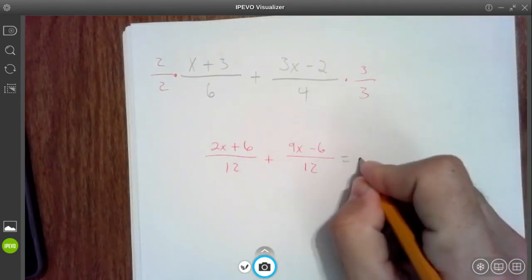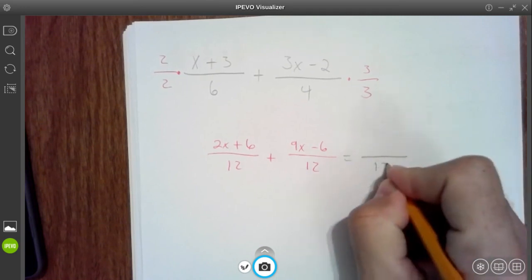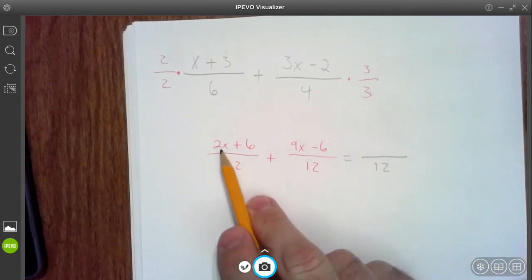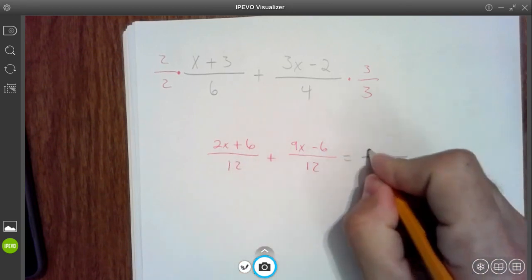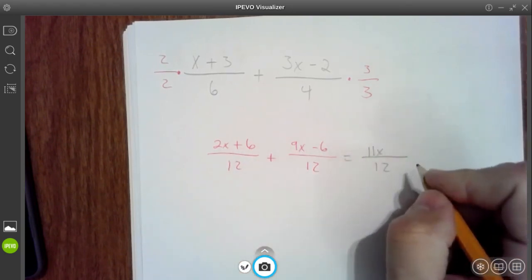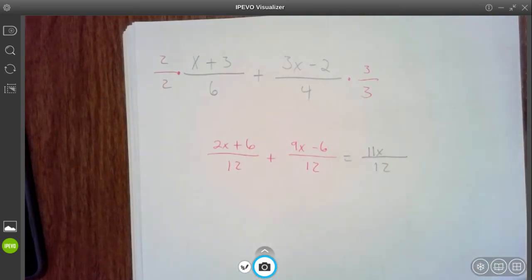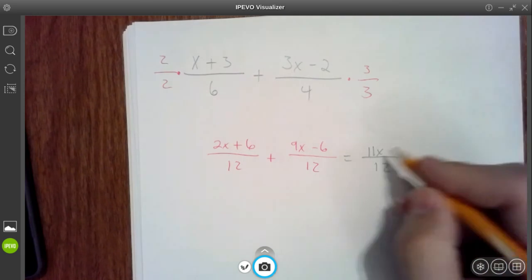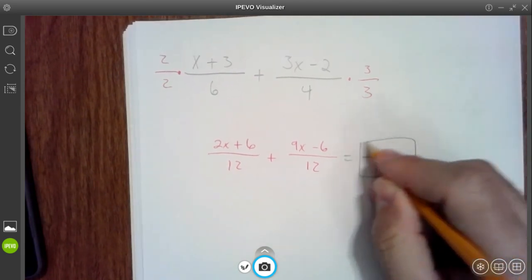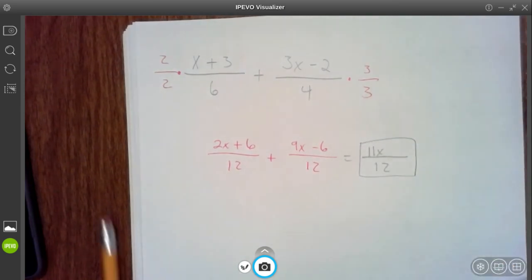All right, they've got the same denominator now, so it's going to be 12. We can add like terms, so it's going to be 2x plus 9x is 11x, and then 6 plus negative 6, well, those cancel each other out. They go to 0. So this will be my answer. Okay, that's it.